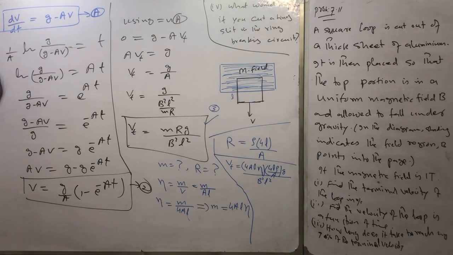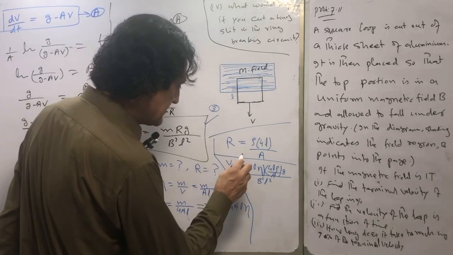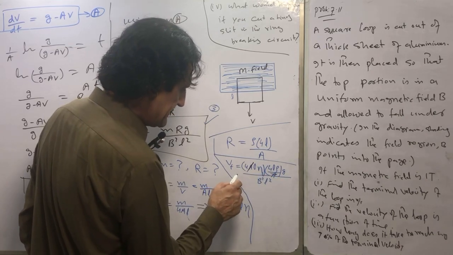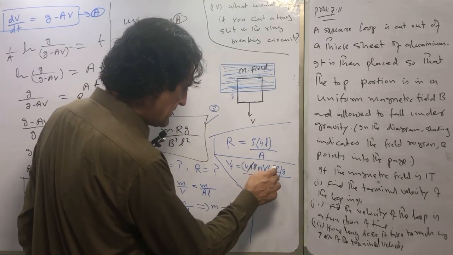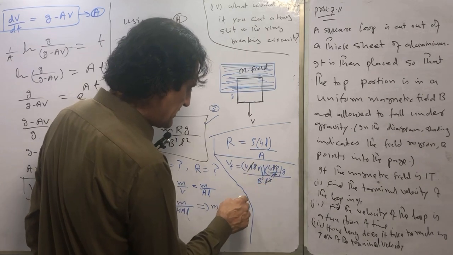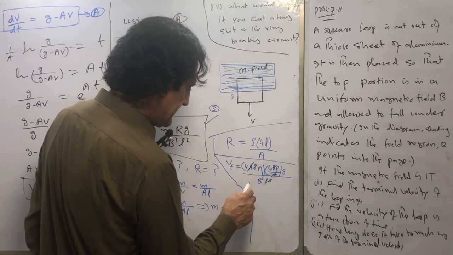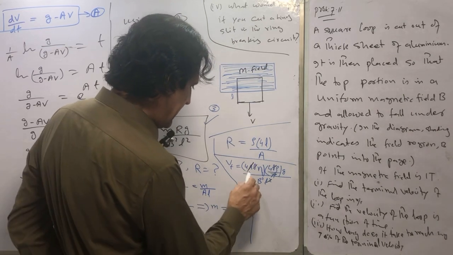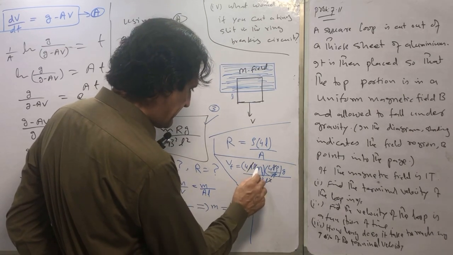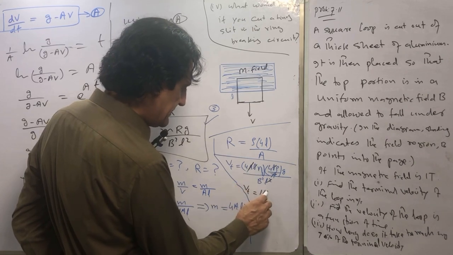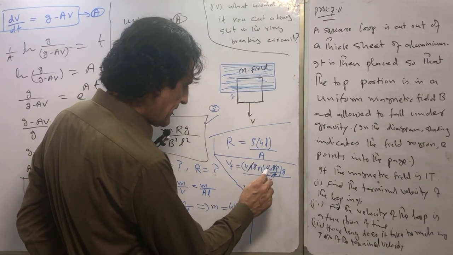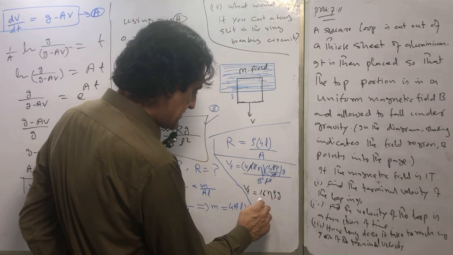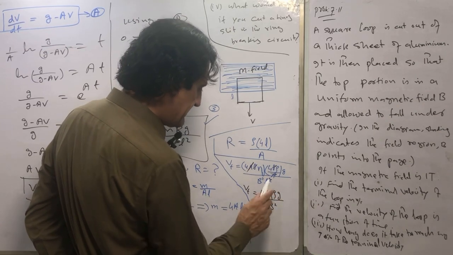What are the things that we can cancel out? Area and area, and then L square with this L square, and finally the terminal velocity will have the form 16 eta and rho G divided by B square.